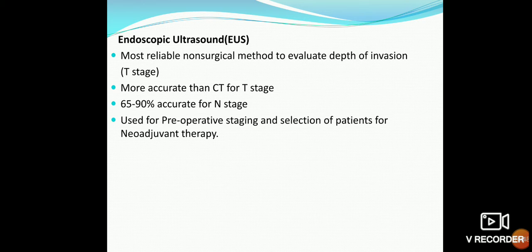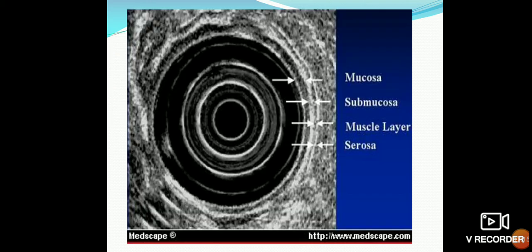Endoscopic ultrasound is the most reliable non-surgical method to evaluate depth of invasion, T stage, and is more accurate than CT for T stage, 65 to 90% accurate for N stage. Used for preoperative staging and selection of patients for neoadjuvant therapy.